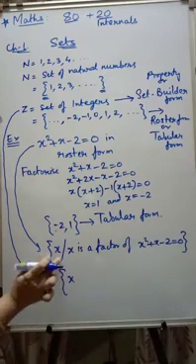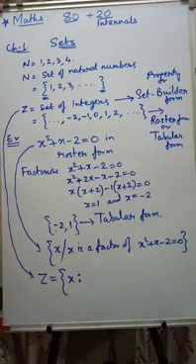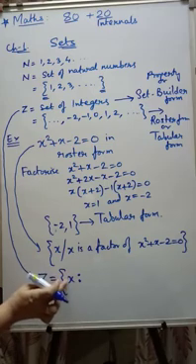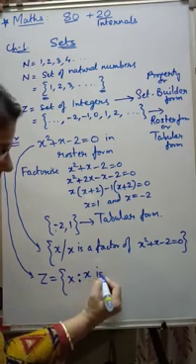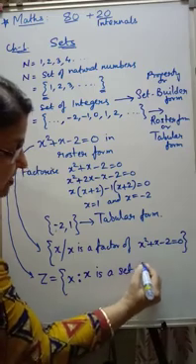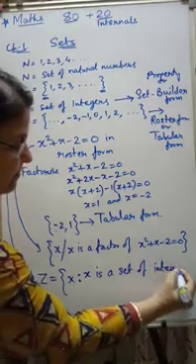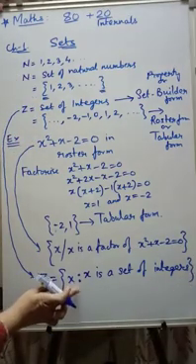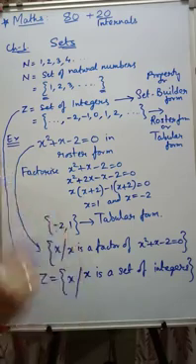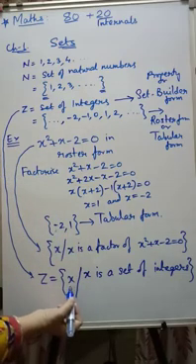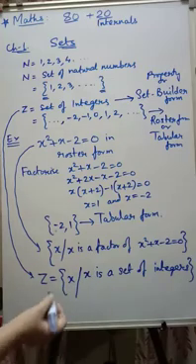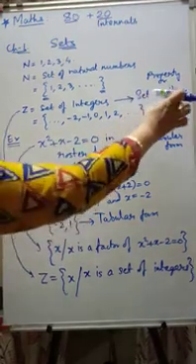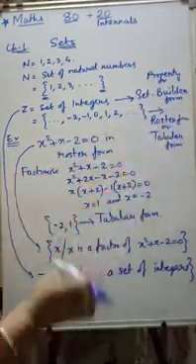There are two ways to write such that: you can write it this way, or you can write it this way. Both are for such that. Both are correct. This doesn't mean x upon x, it is x such that. Okay, children, so we have done set builder form and roster form.